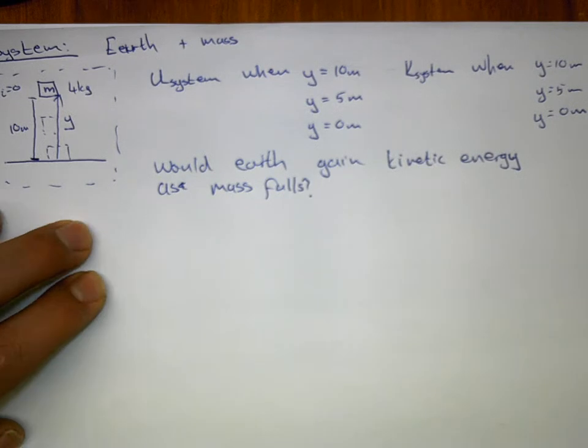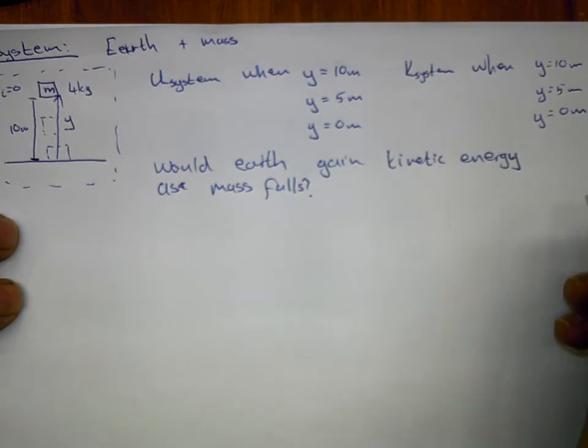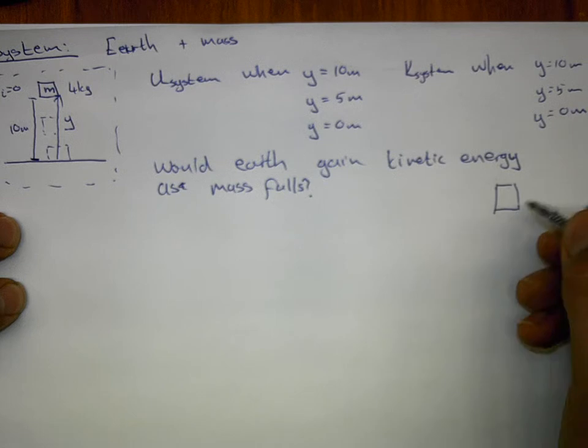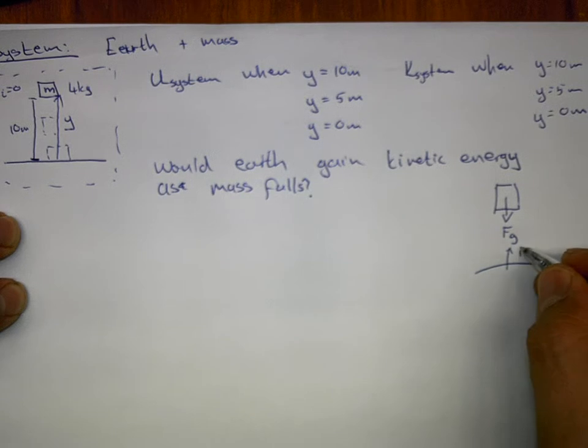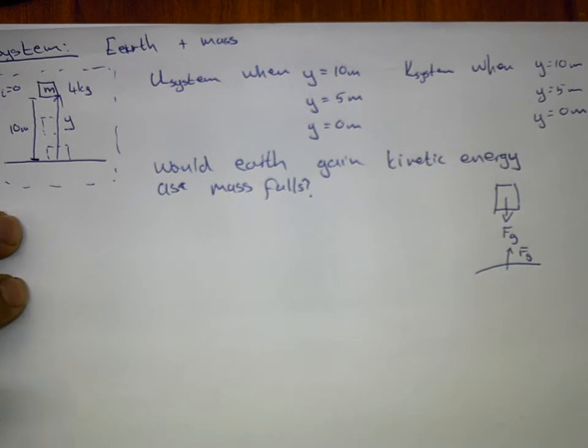Because from Newton's third law, we know that the mass is attracted to the Earth by a force Fg, which means the Earth must also be attracted to the mass by a force Fg upwards. So there's a force on the Earth, but would it gain kinetic energy?